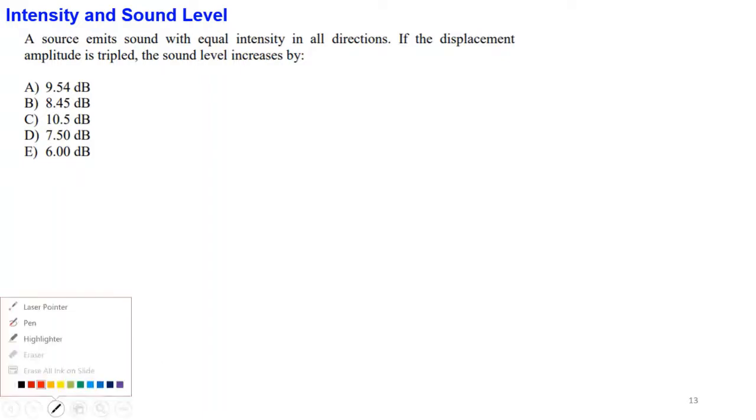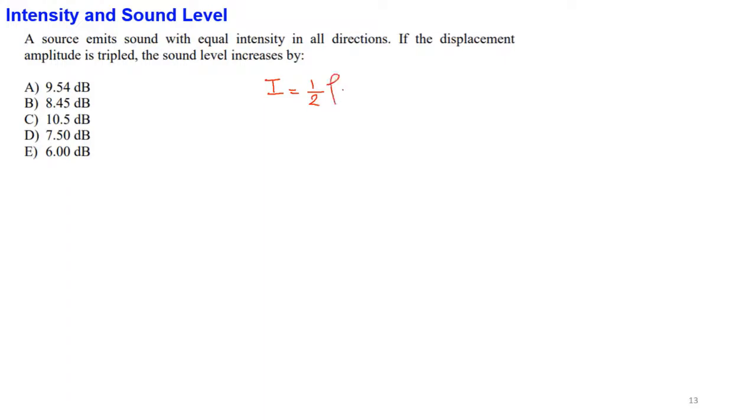So let me just do this. Intensity, as you know, is linked to the displacement amplitude: it is half rho v omega square sm square, right? It's in your formula sheet and you know it by heart now. So this is intensity number 1. I take sm number 1.